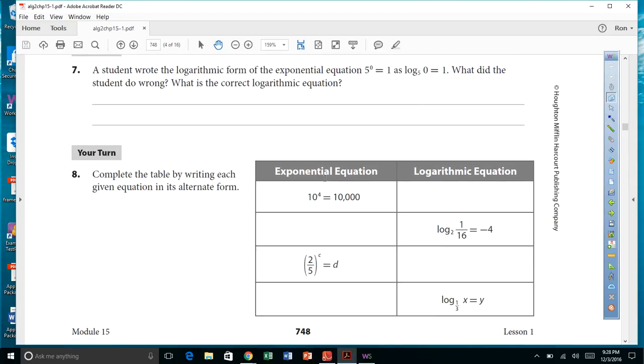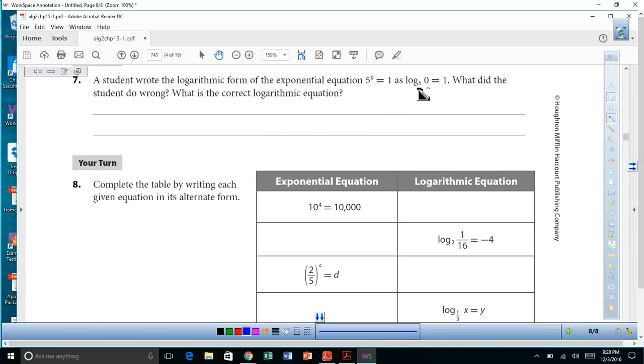A student wrote the logarithmic form of the exponential equation 5 to the 0 power equals 1 as log base 5, 0 equals 1. What did the student do wrong? Well, the student forgot to switch the output and the input.